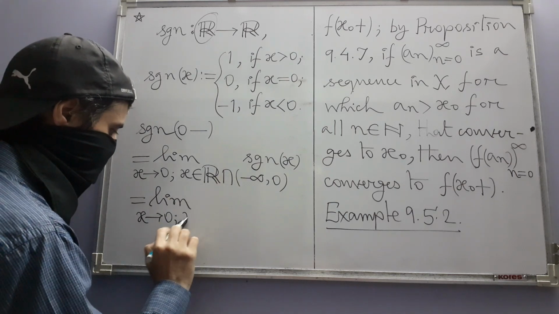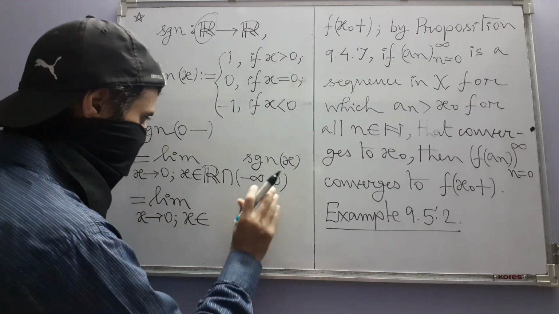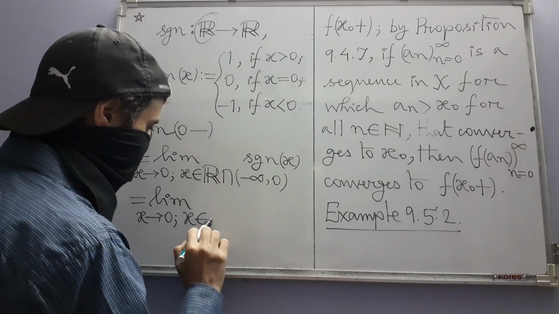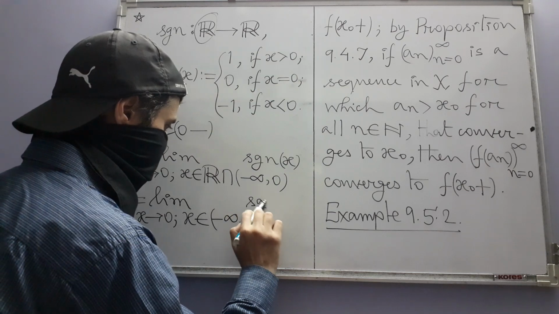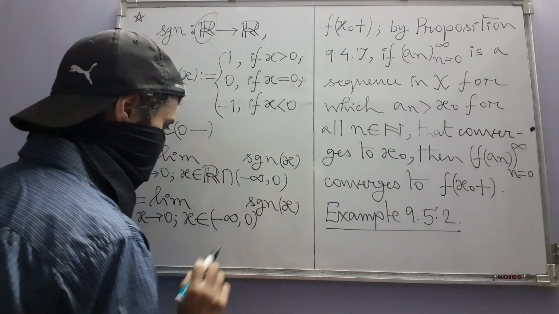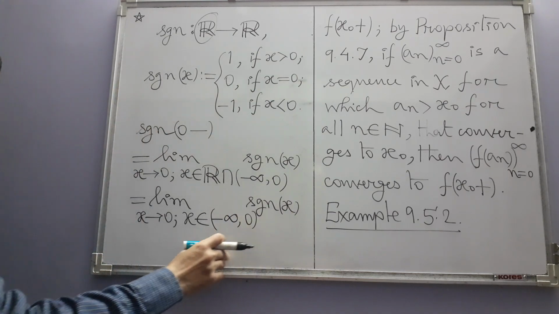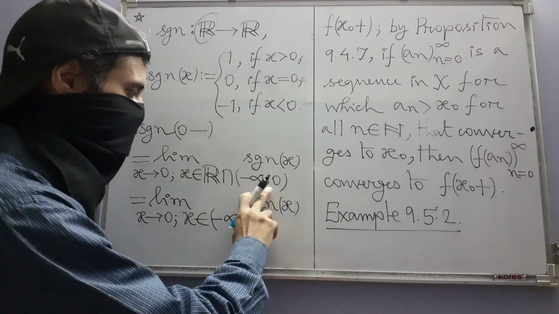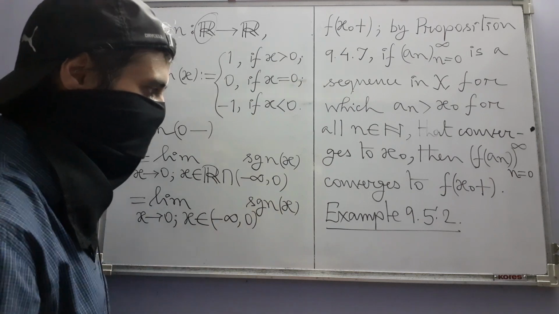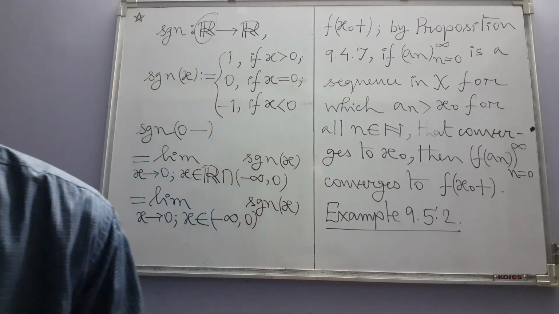Now this intersection is just that interval itself because this is the subset of R. But in this region, the function is constantly minus 1 because we are only considering the negative real numbers.